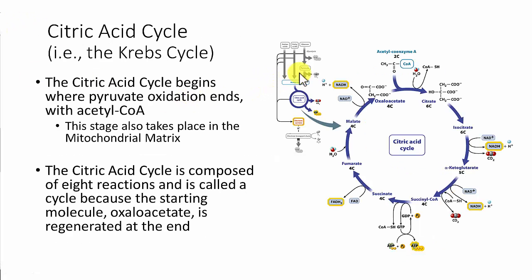Just to recap real quick where we're at, we brought in 2 carbons following the pyruvate oxidation, what we had left from glucose. We've essentially lost both of those, one here, one here. All the carbon is now gone. All the carbon that entered this first stage of glycolysis is now lost to the environment as CO2. It's a waste product. What we ultimately have left now are some of the electrons and hydrogens and the energy that was transformed from that initial compound.